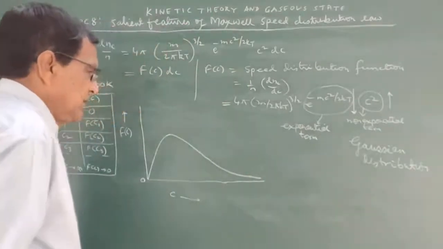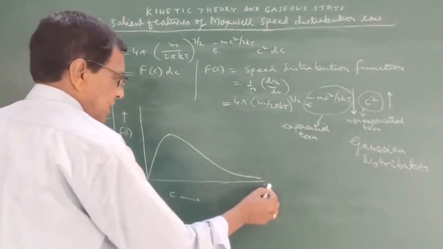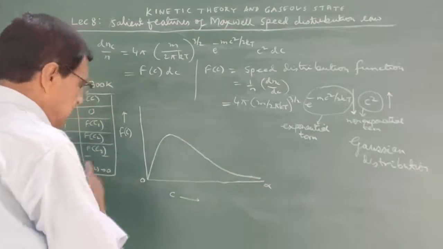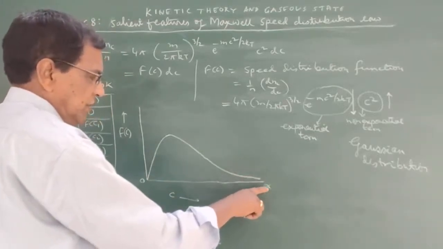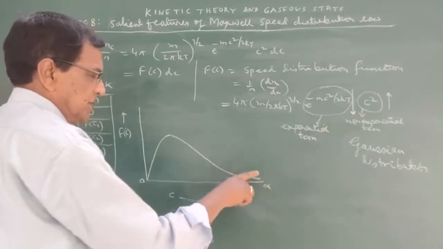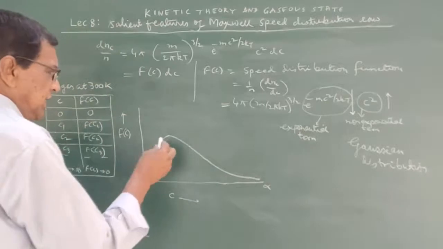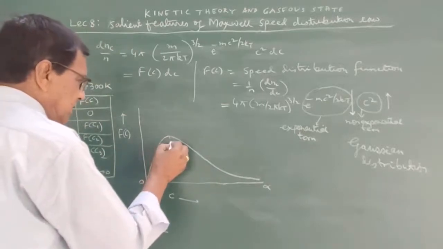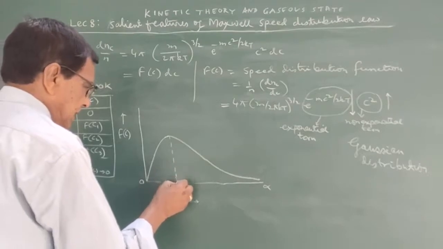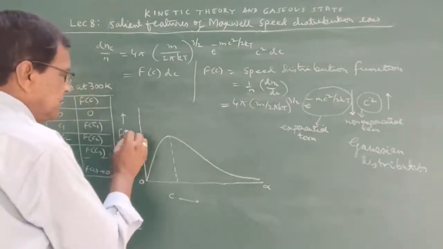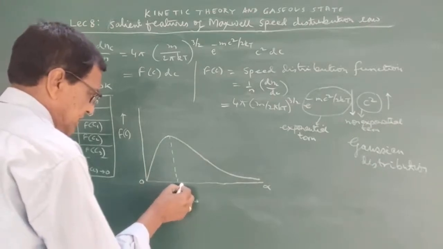So whenever C is very large, tending to infinity, Fc is also very small. Another thing I can say: at a given speed, Fc attains the maximum value. Say this is the C dash.